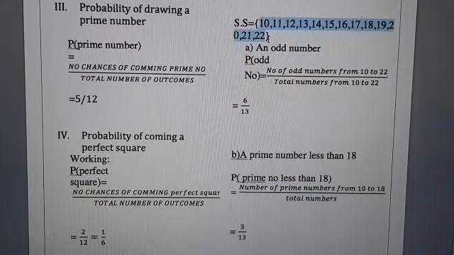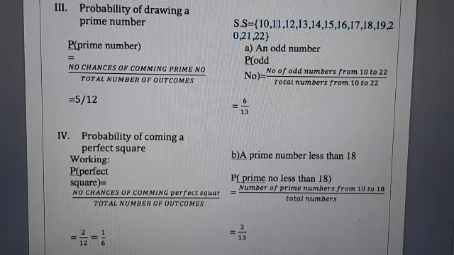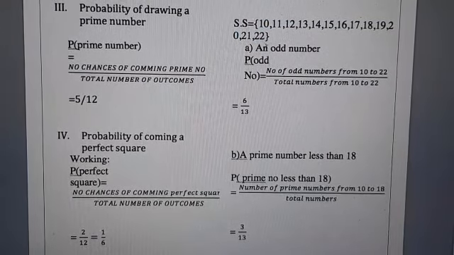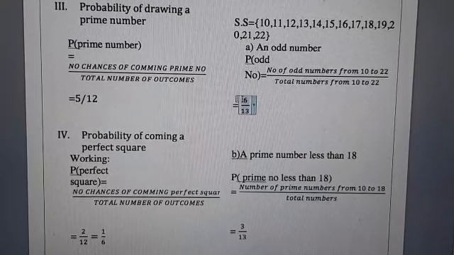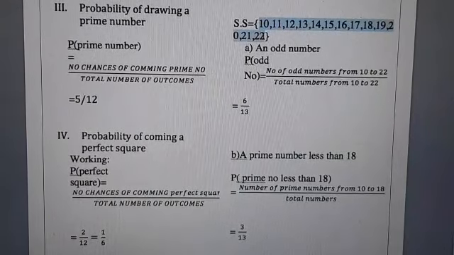Now from the sample space count the odd numbers: 11, then 13, then 15, 17, 19, 21. They are 6 in number. Odd numbers are 6 in total, divided by total outcomes, which are 13.